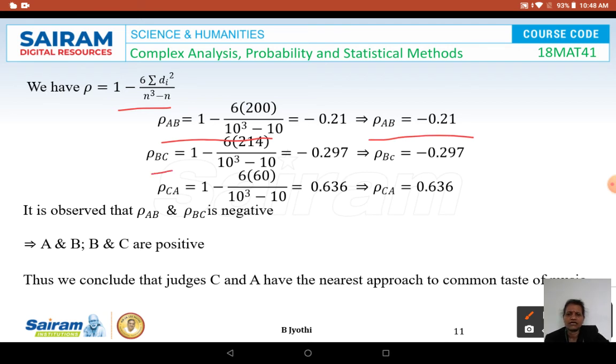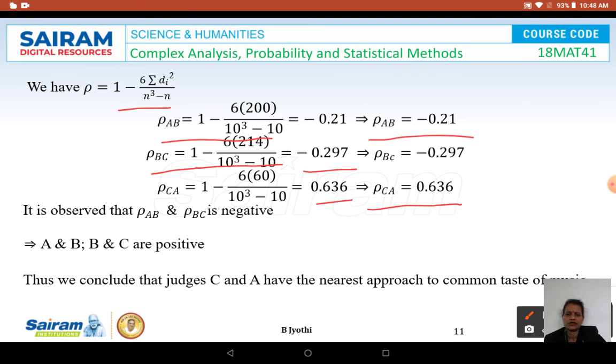And similarly rho BC, so summation of D square BC is 214, therefore on substitution and calculation we are getting minus 0.297. Similarly rho CA is given by 0.636. So what do we get for rho CA? That is 0.636.